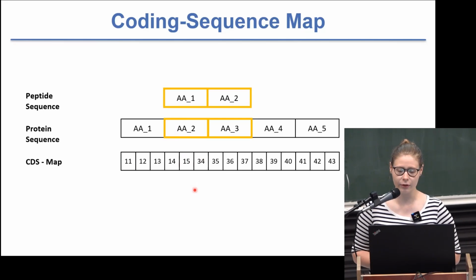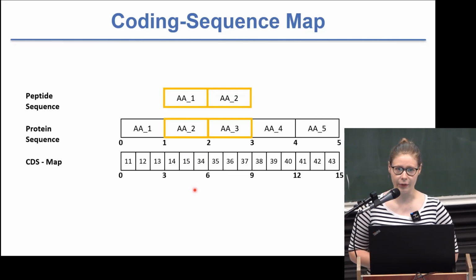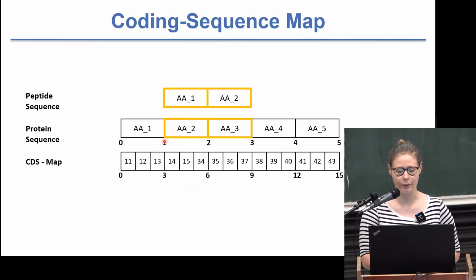I use an exact string match to match the peptide to the protein sequence. And with the knowledge that 1 amino acid is 3 nucleotides, I can multiply the position by 3. So this is position 1 times 3 means it starts at position 3. And if it ends at position 3, I can also multiply by 3.